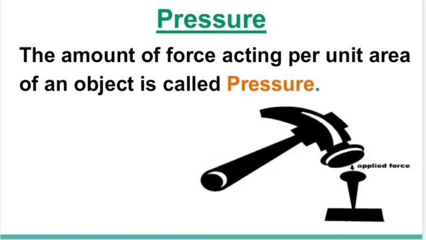For example, when you push an iron nail into a wooden plank or into a wall, here we apply pressure on the iron nail with our hammer. So this is pressure. I repeat, the amount of force acting per unit area of an object is called pressure.